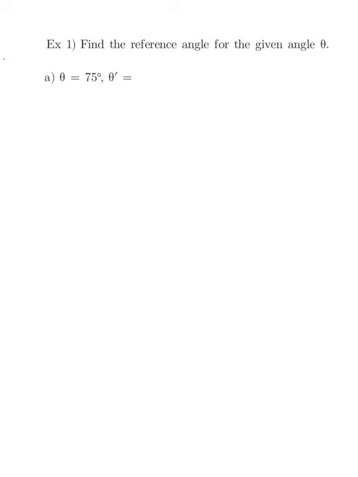In our first example, we are asked to find the reference angle for the given angle theta. And our first problem is theta of 75 degrees. So let's think about where 75 degrees is. This is just a sketch, so don't worry about being exactly perfect. But 75 degrees is less than 90, so it's going to end in the 1st quadrant.